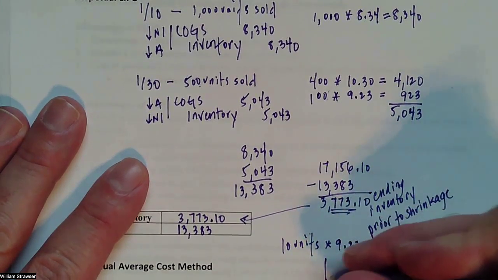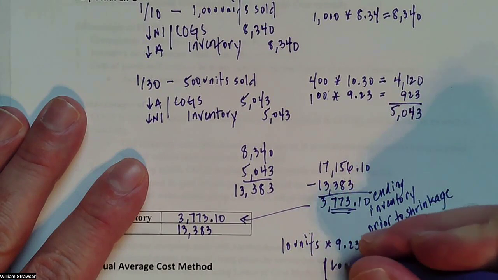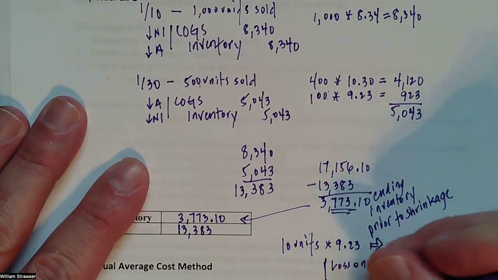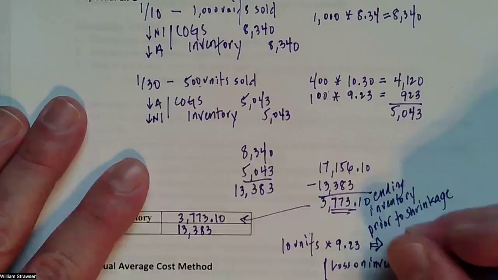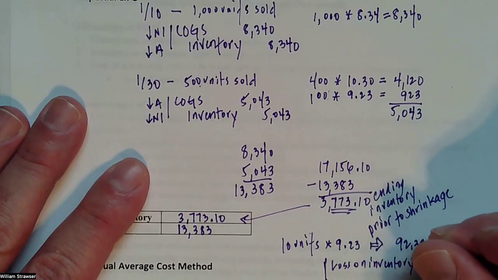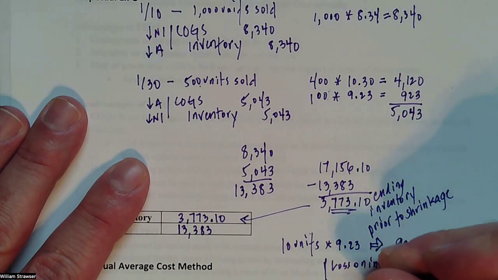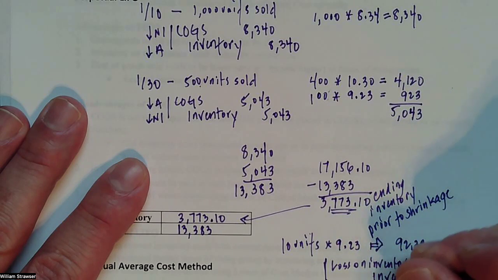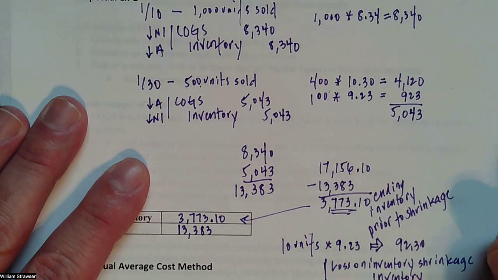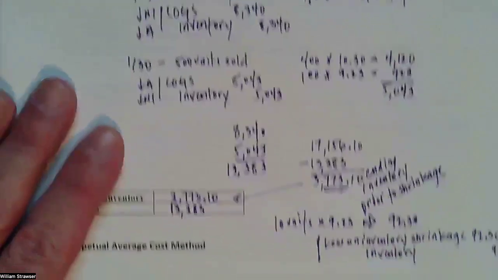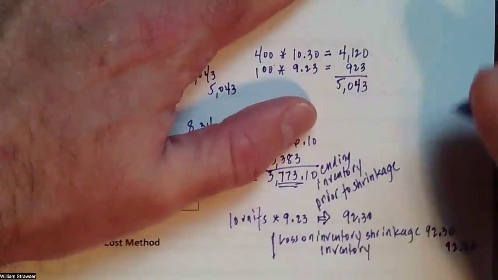I would record that with a debit to loss on inventory shrinkage and a credit to the inventory account, 92.30.